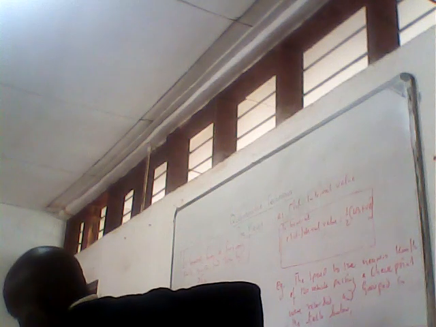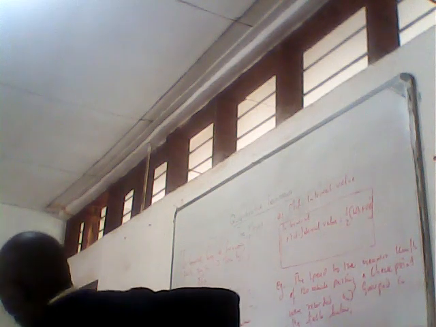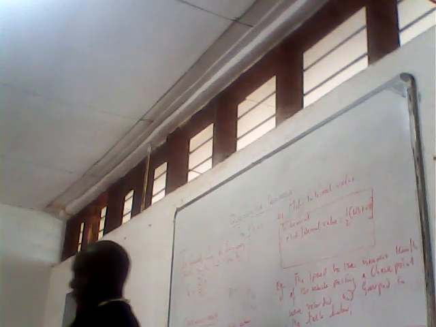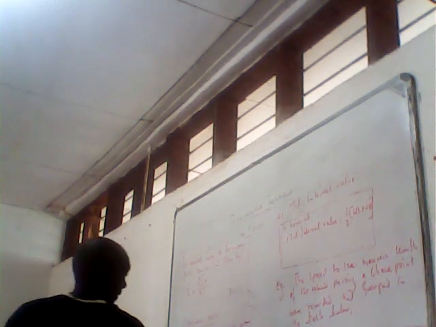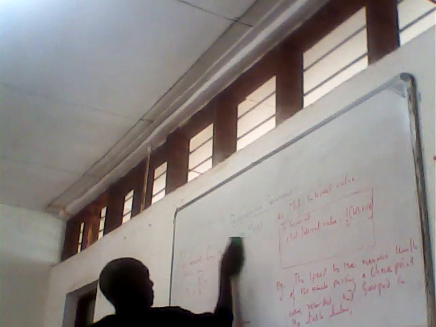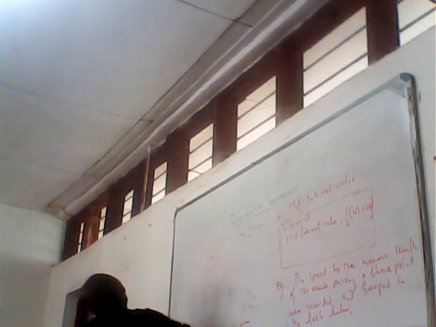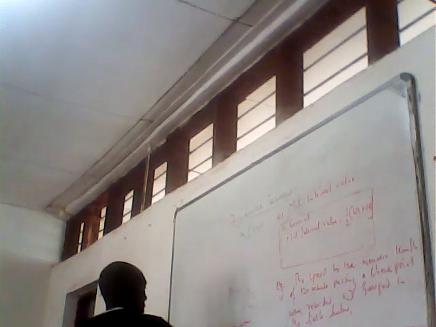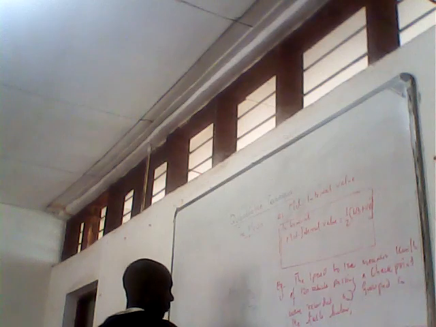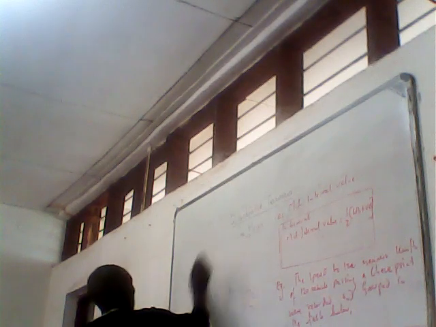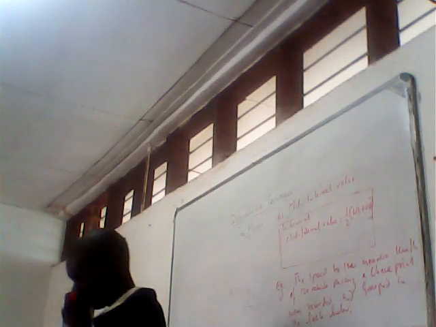Let's now estimate the mean for the distribution. First of all, we need to draw a frequency table of grouped data representing the information given.